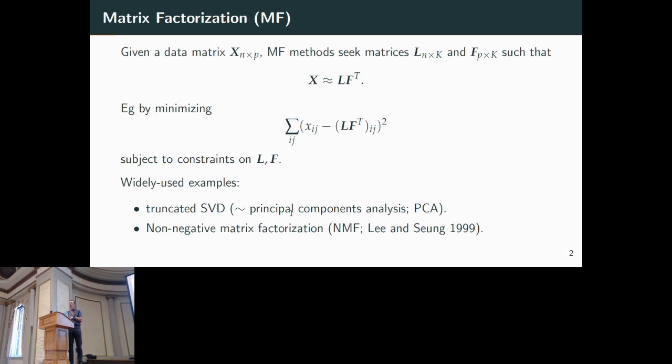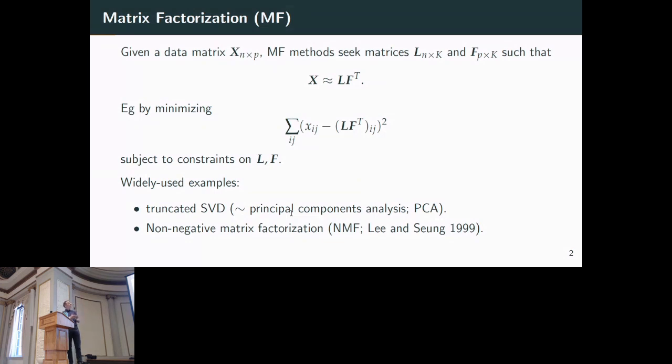The basic idea behind matrix factorization methods is that given a data matrix X that's n by p, you factorize it into two smaller matrices, which I'm going to call L and F. So L is n by K and F is p by K, and think of K as being probably smaller than n or p, although one of my goals is to make K a bit bigger than is traditionally used. So maybe K might be 30 or 50, maybe even 100. But it's small compared with n and p.